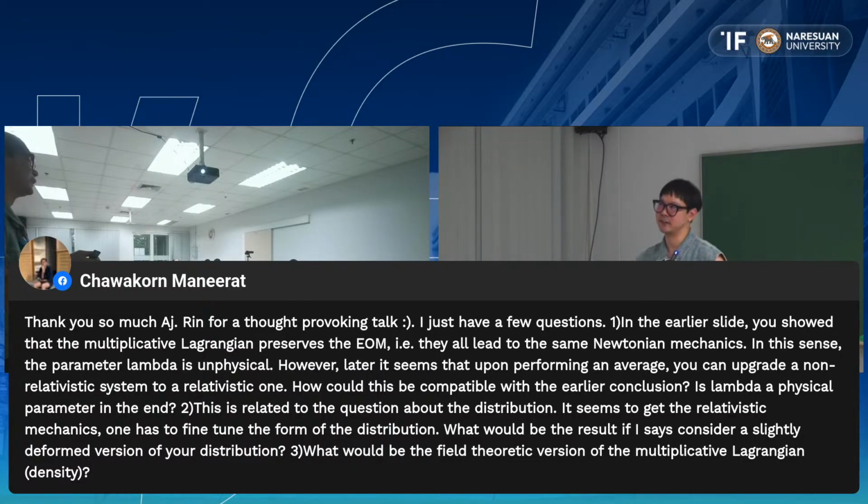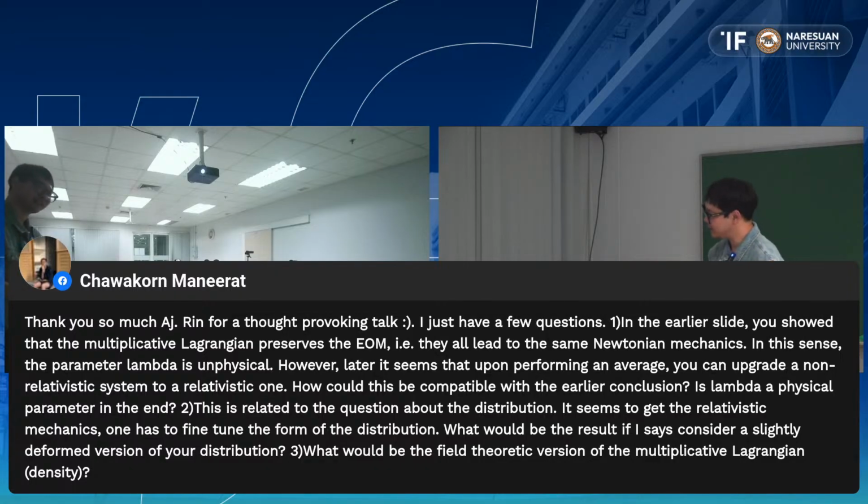But before we do the average, the parameter lambda is not necessarily a physical parameter. You mean by physical, the observable variable, right? I don't think so. Yeah, I don't know what it is, but it has the same unit as the velocity. I hope this answers your question. If not, you can give me a direct message later, Hawaii.